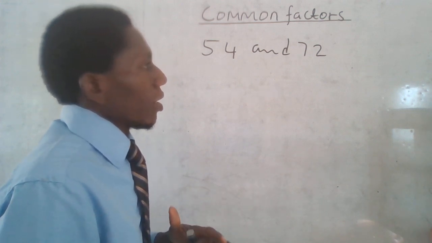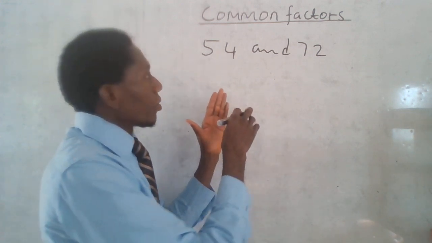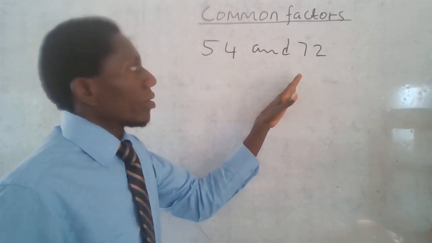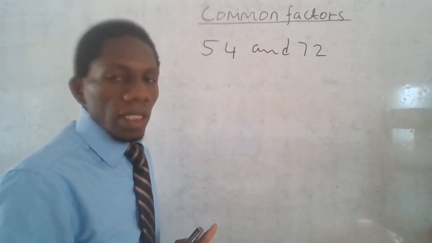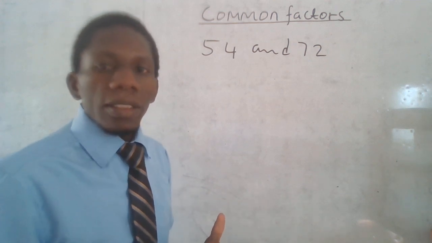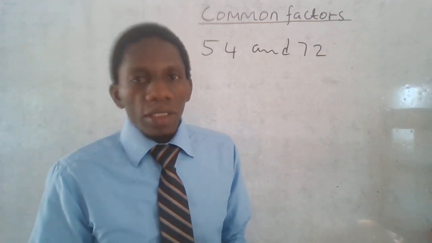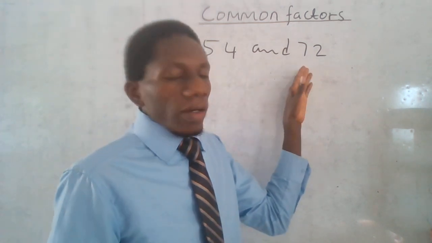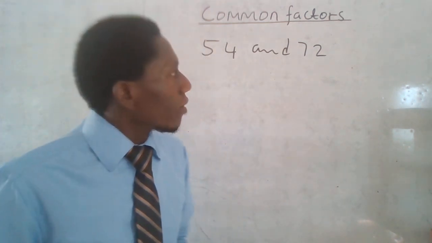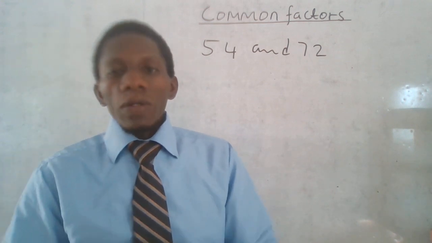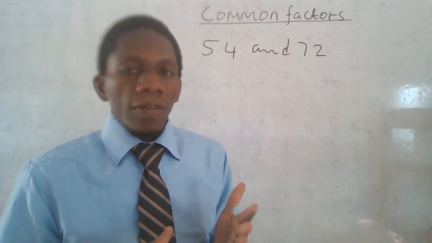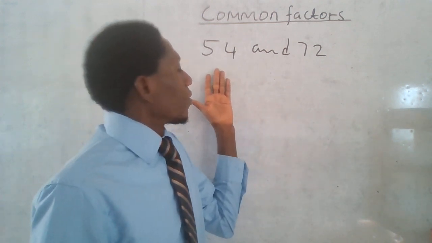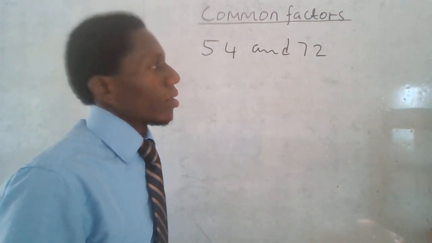Now let's see numbers that can go into 54 without a remainder and numbers that can go into 72 without a remainder, or numbers that can multiply other numbers to give us 54, or numbers that can multiply other numbers to give us 72 are all factors of 54 or 72.